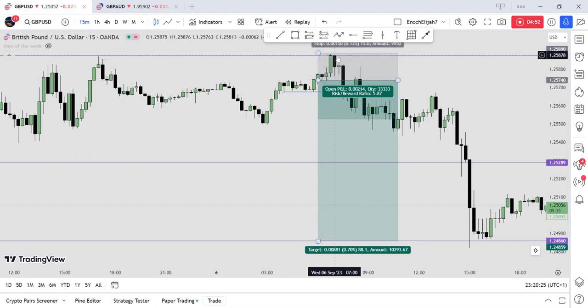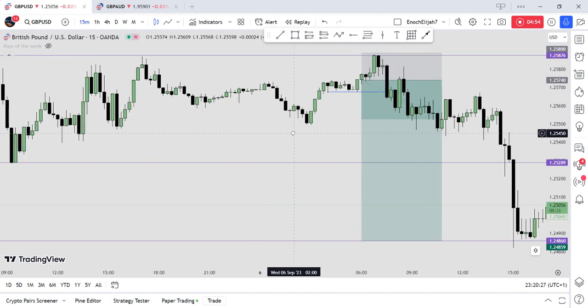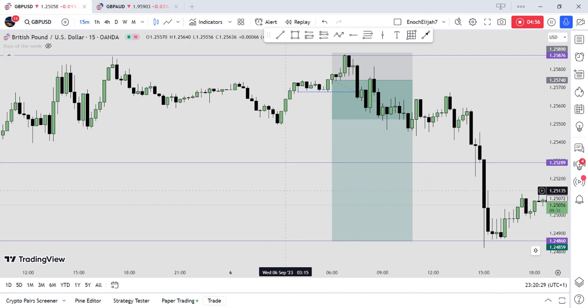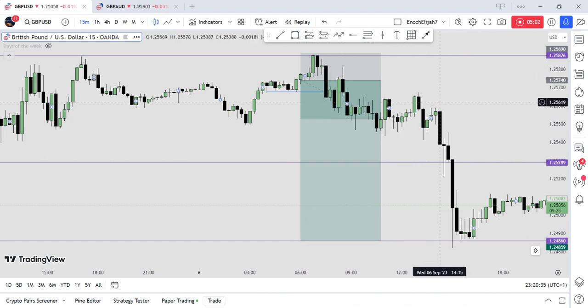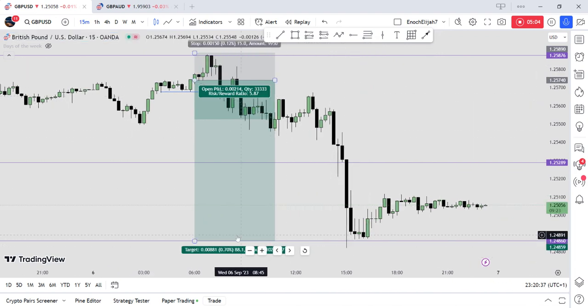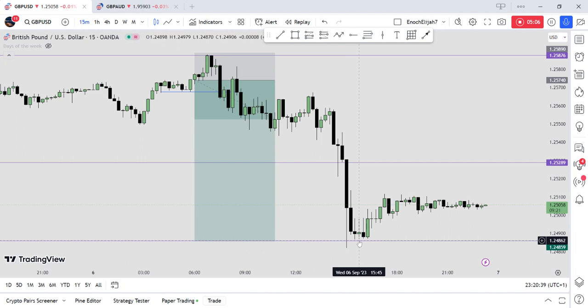Stop loss above, and then my target was this low and the low I showed you on the higher time frame as my targets. And you can see price tapped into it right here and went down, touched that low exactly, and now is starting to reverse right there. So that was how I was able to take this trade.